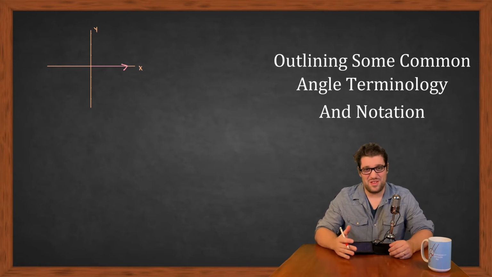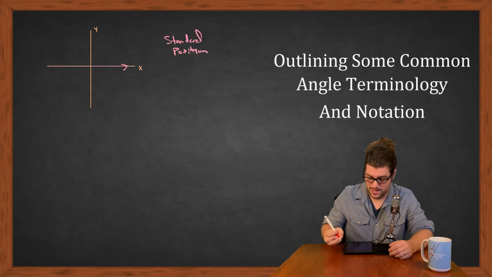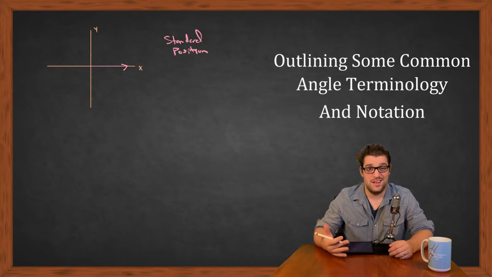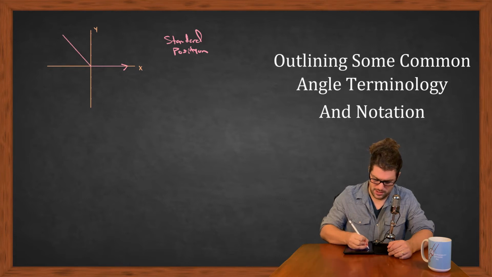And so in standard position, I probably should write that down. So standard position, we are going to make it so that the initial arm, the first one, goes right along that positive x-axis, and then the terminal arm, which is the second one, is going to be considered a rotation away from that.